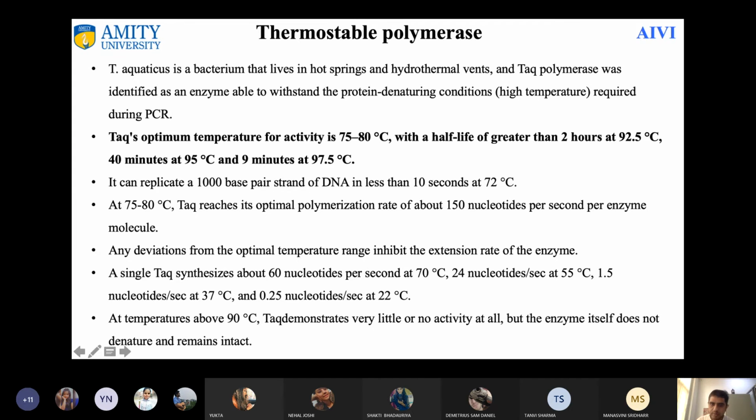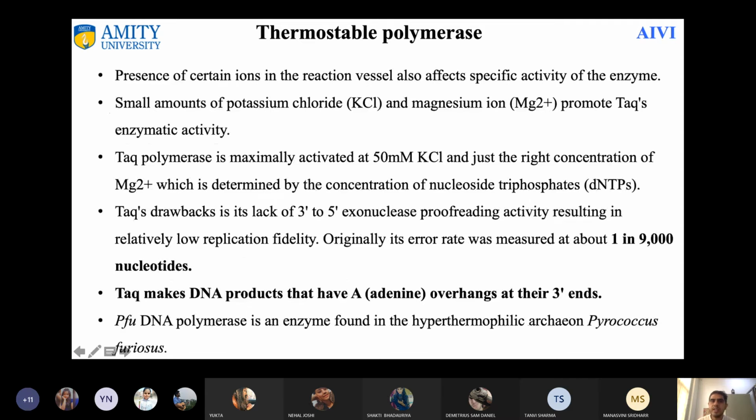Okay, then some more properties of this enzyme. As I mentioned, each enzyme requires some buffering and ionic conditions. Different ionic conditions are going to enhance the activity, and some ionic conditions can reduce the activity. So KCl and magnesium ions promote the activity. In the buffer, you must have KCl and magnesium chloride so that the enzymatic activity is better.